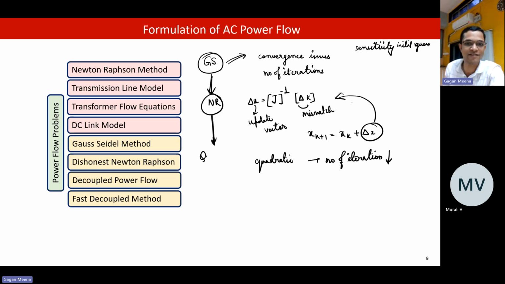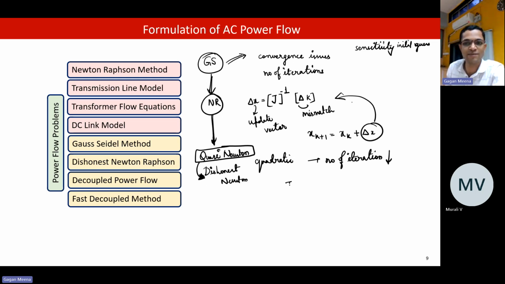Then we go to quasi-Newton. This is also called the dishonest Newton, which has been used in this course. Quasi-Newton is a bigger subset, and one of the ways in quasi-Newton is this dishonest Newton.